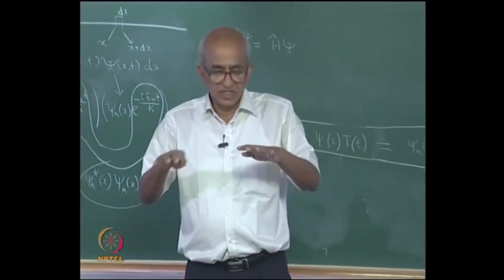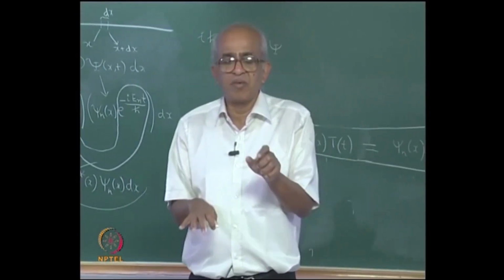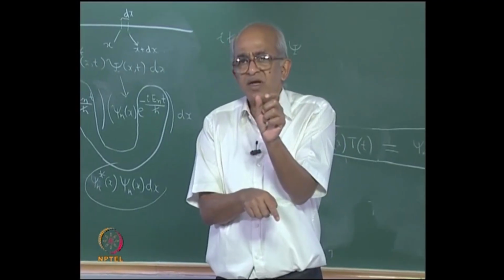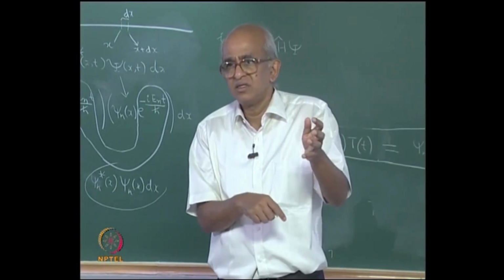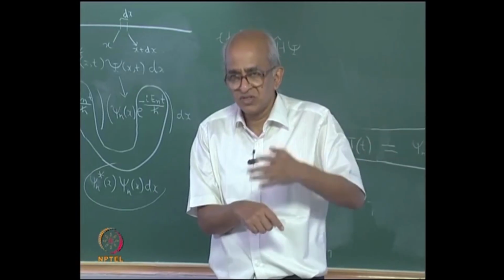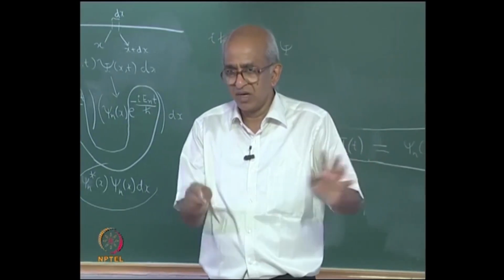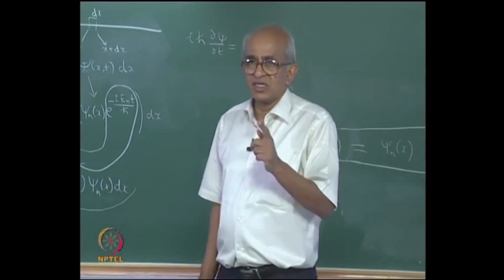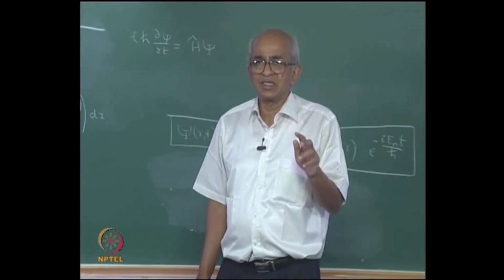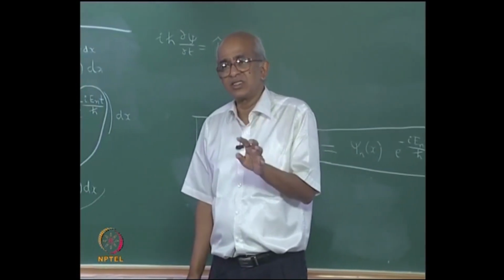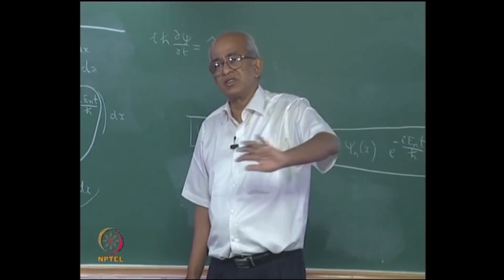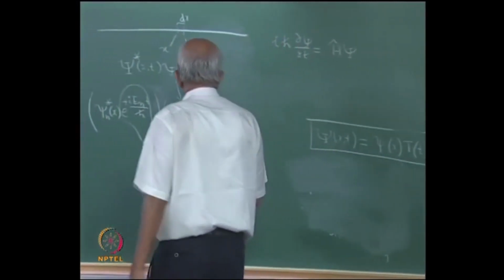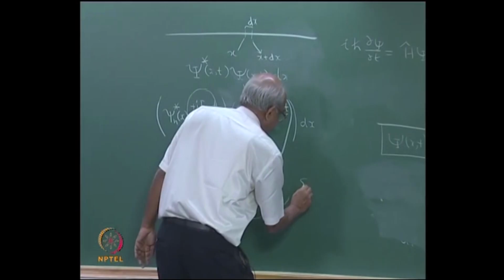So, if the system is sitting in this state, the probability that the system may be found in a small interval of length dx does not change with time, even though the system itself is evolving in time. This is the reason why such a state is referred to as a stationary state, because the state is stationary as far as time evolution is concerned, the probability does not change.